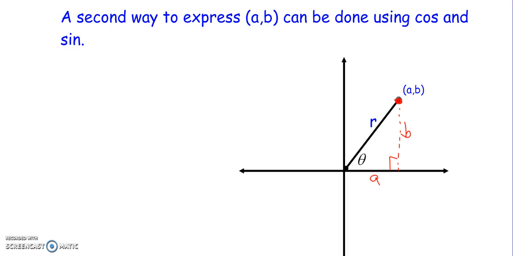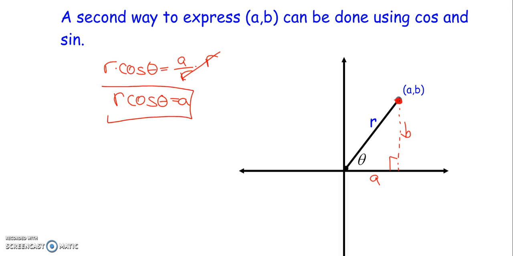If I think of this as a right triangle, I could say that cosine theta would be equal to adjacent over hypotenuse. A better way of saying that is r cosine theta is equal to a, because all I'm going to do is multiply both sides by r. All right, so this is one of the important statements.